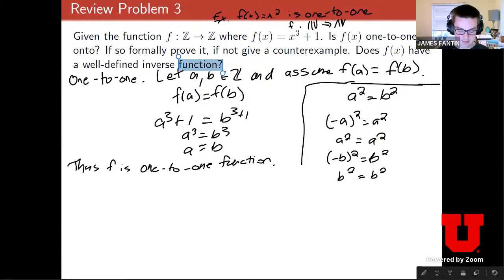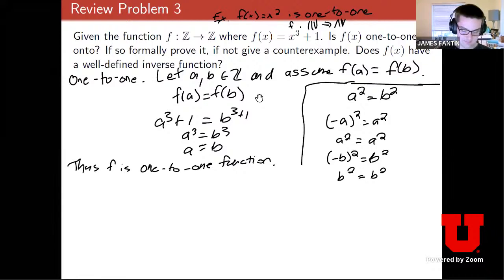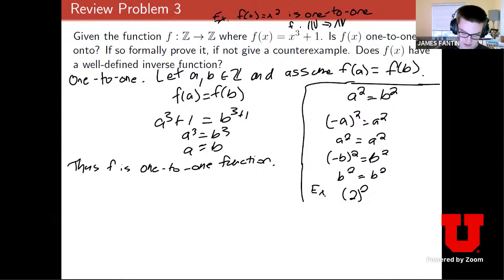Because you have these possibilities of positive and negative, it could have been that a was negative and b is positive, and the squares could be equal but the values are not equal. For example, 2 squared is equal to negative 2 squared. Both are equal to 4, but 2 is not equal to negative 2.